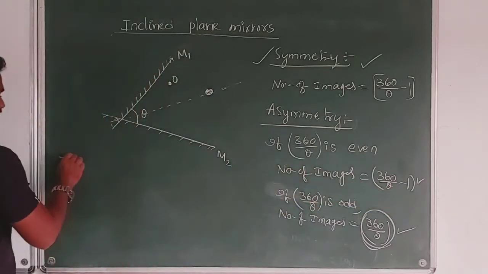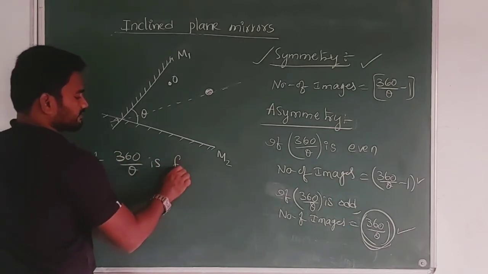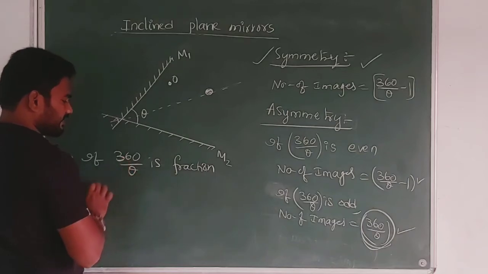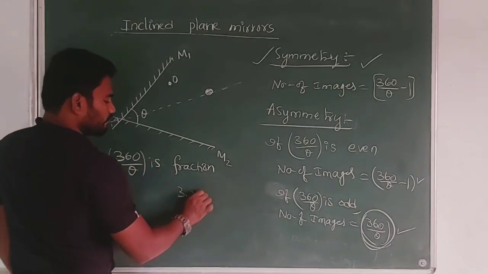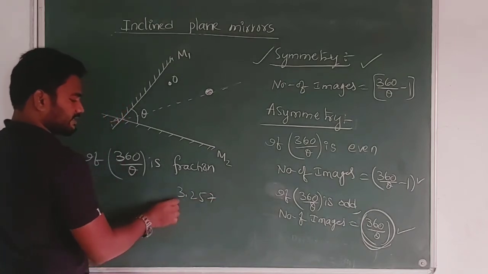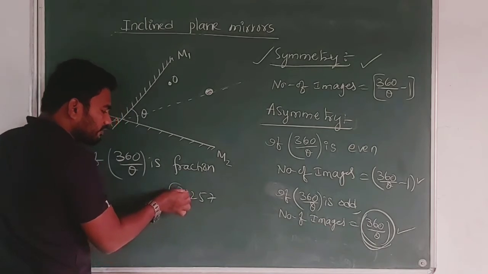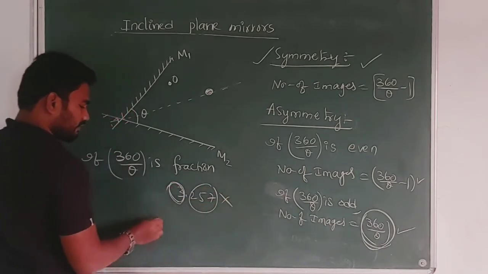Next case: if 360 by theta is a fraction. Students, do you know what a fraction is? Let me consider that when I calculate 360 by theta, we got 3.27 like this. Next, the integer part alone we have to take, students. We have to remove all the rest. So the number of images is 3.